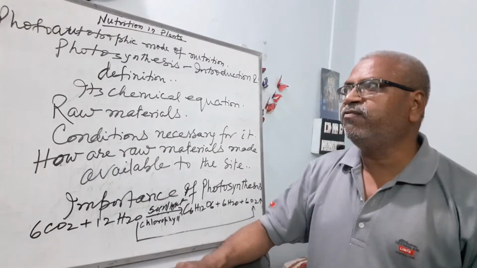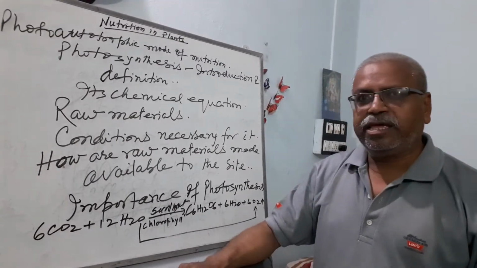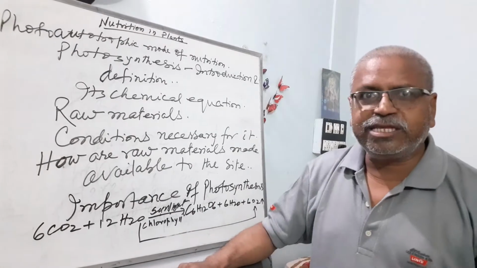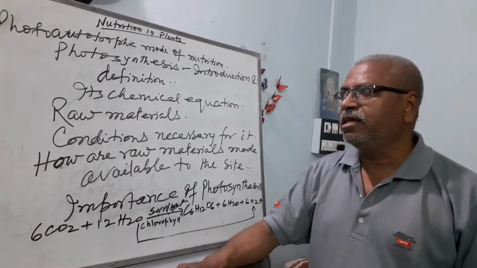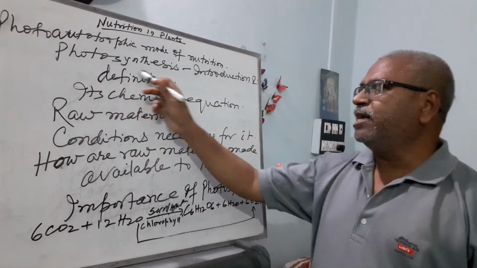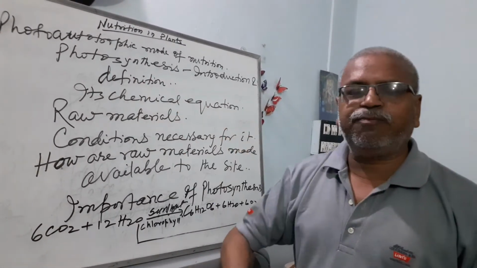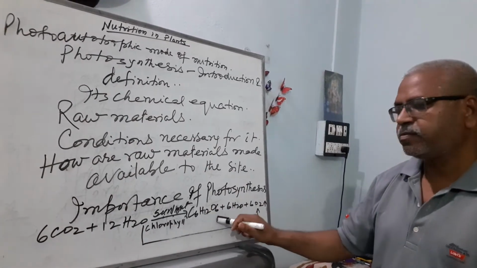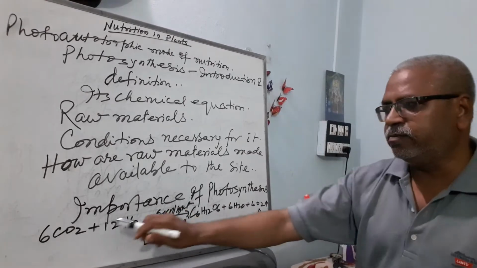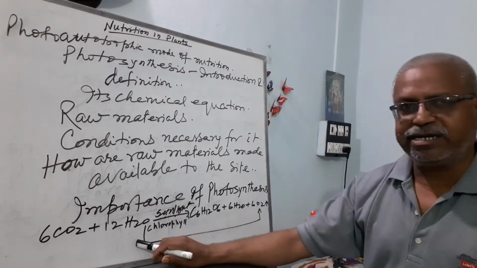This process is photosynthesis. Thus we can say that photosynthesis is a process of formation of glucose from carbon dioxide and water.